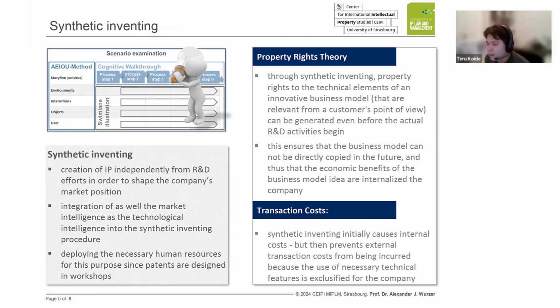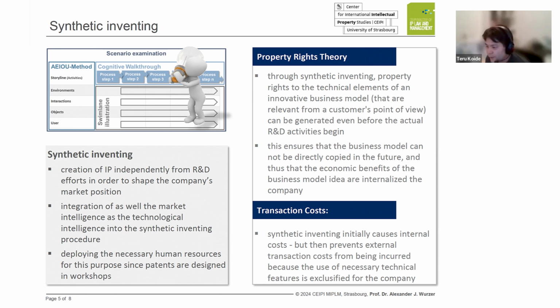Thank you. I will explain the principle of synthetic inventing and why it is useful in a differentiation center. Synthetic inventing refers to the creation of intellectual property independently from research and development efforts in order to shape a company's market position.